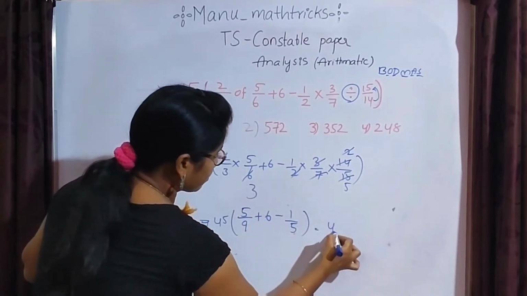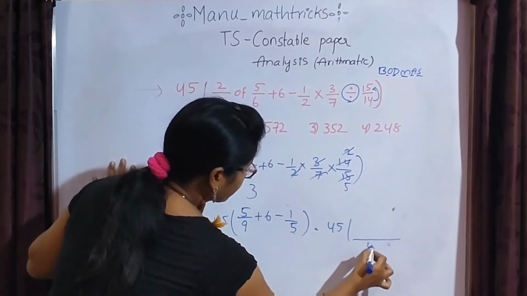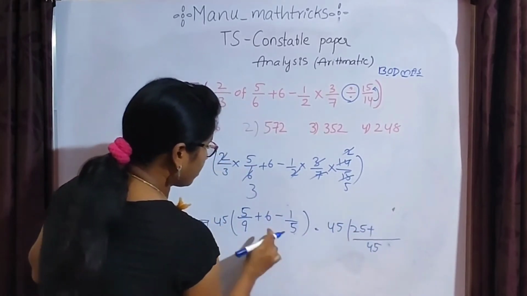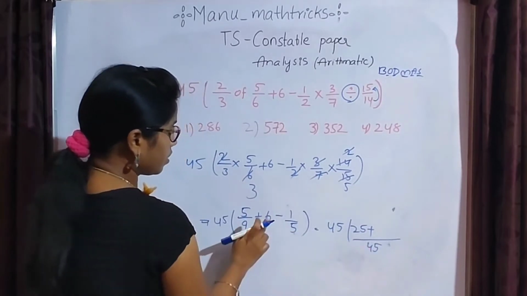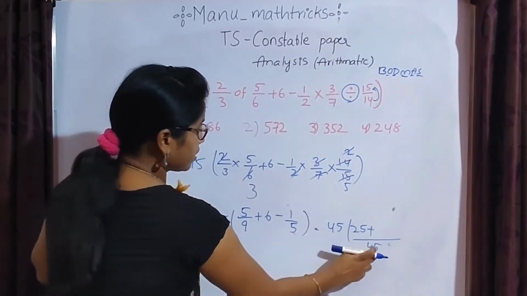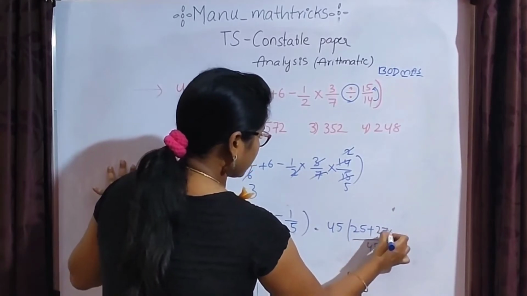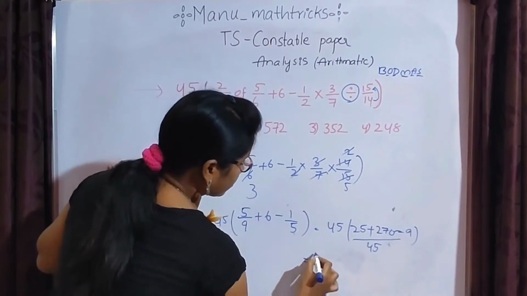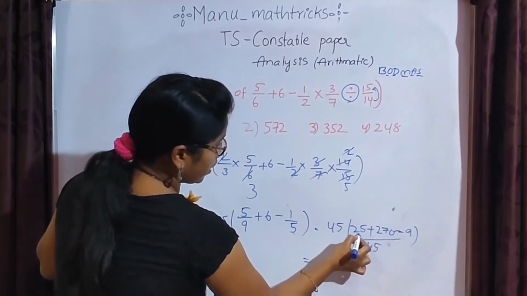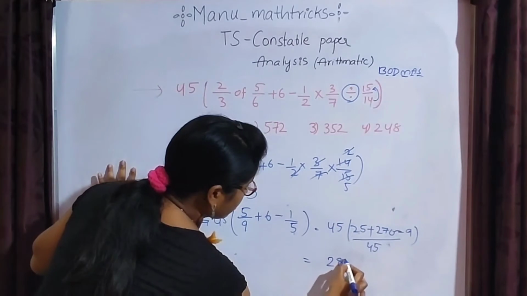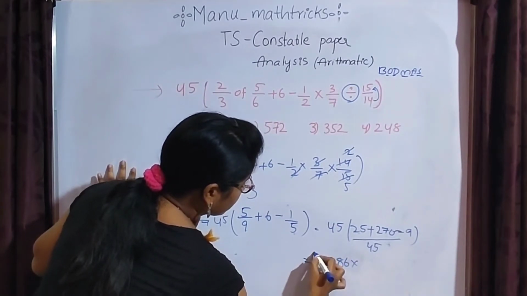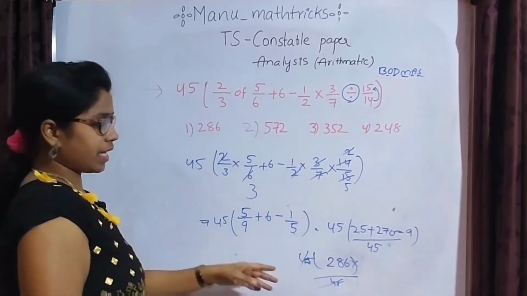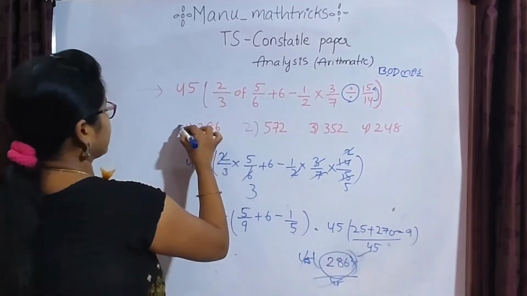Now just take LCM. 9 5s are 45, so it is 25 plus 6 into 45, that is 270, minus 5 9s are 9. 270 plus 25 is 295, minus 9, that is 286, into 45 divided by 45. It will be anyway cancelled. So the answer is 286.